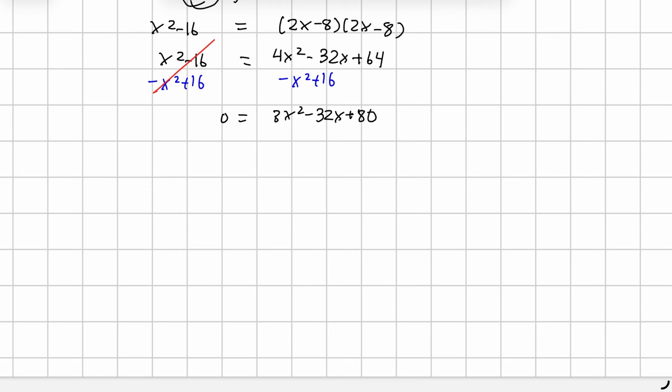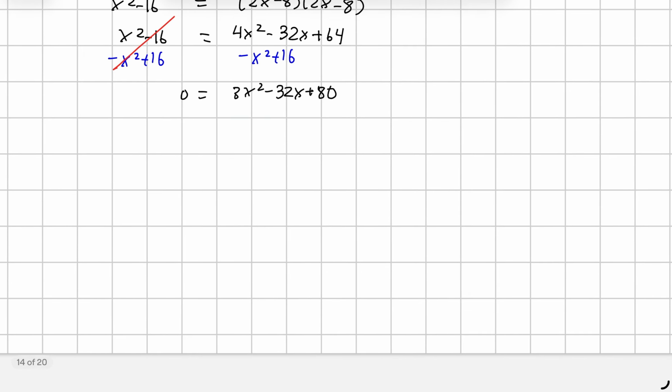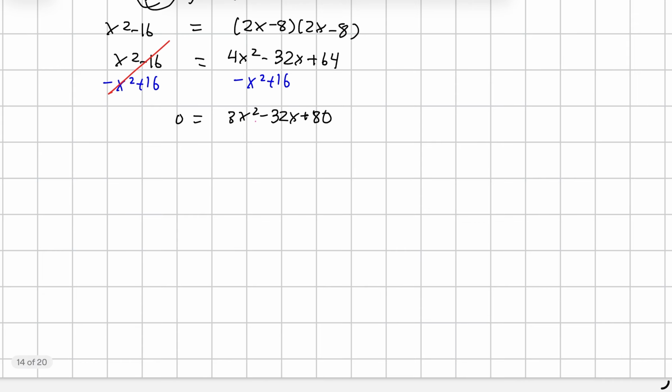So now we can just factor. Because we have a 3 out here, we can just take out a 3. So we have x squared minus 8x plus, or actually you can just do 3x minus 20 times x minus 4.